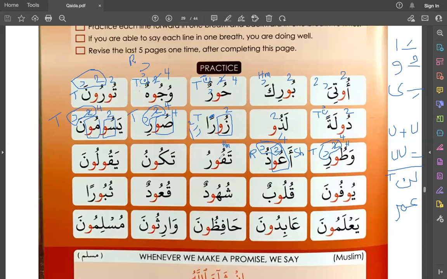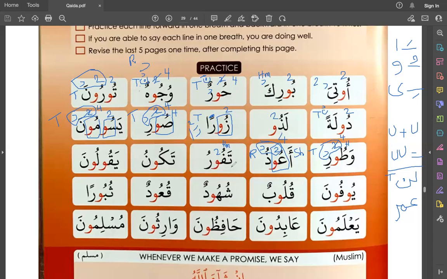And it is 2 counts long too, because waw sakina is followed by dhamma. This is the combination to make any letter long. Ta, fu, ru. Ra is heavy here, because whenever ra is with dhamma or fatha, it is heavy. The heavy ra sounds like ru.